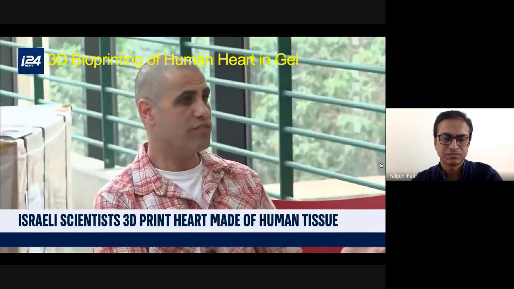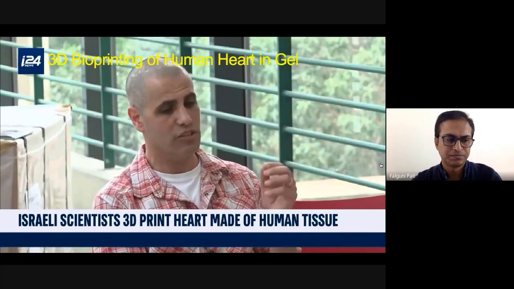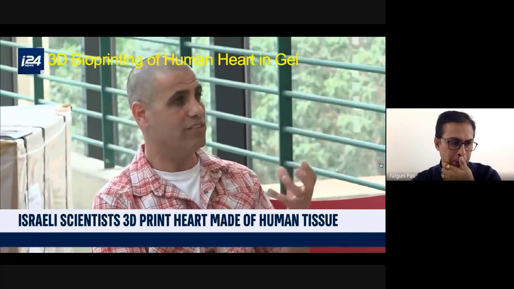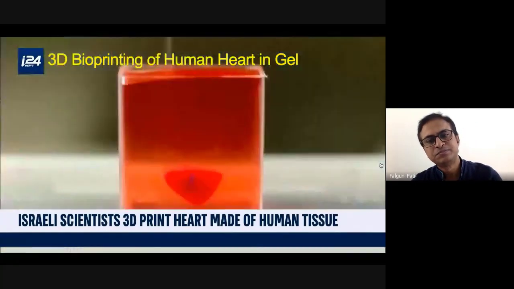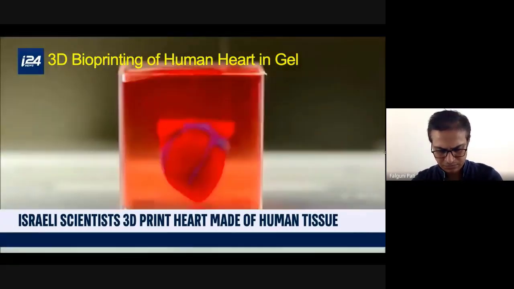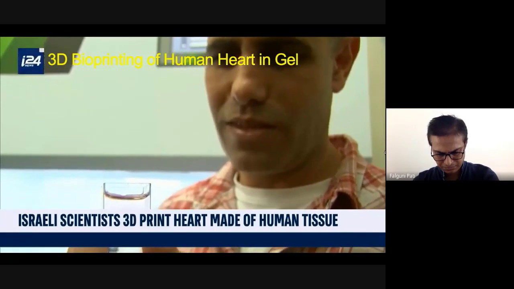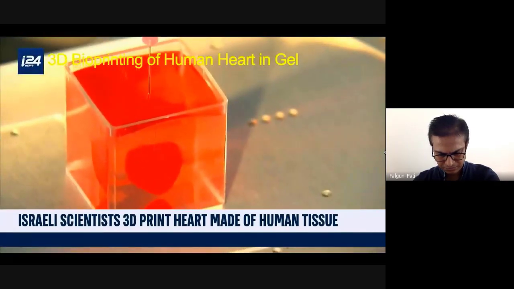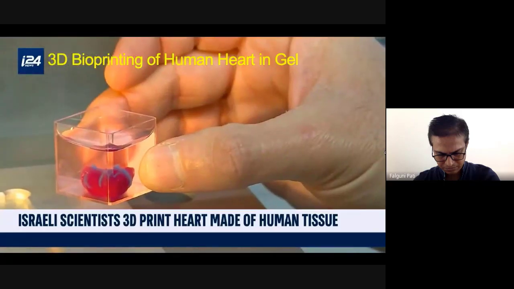And then after we achieve that, we would like to go to small animals initially to implant these hearts in parallel to the hearts of these animals. The technology is in its early stages, and human transplants are still a number of years off. But Professor Dvir hopes that within the next decade, organ printers will become a staple piece of equipment in hospitals, giving new meaning to the term "have a heart."